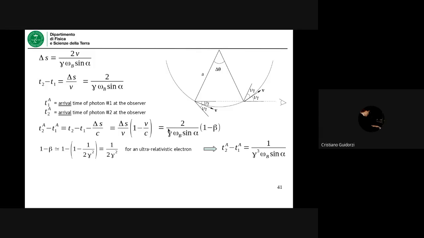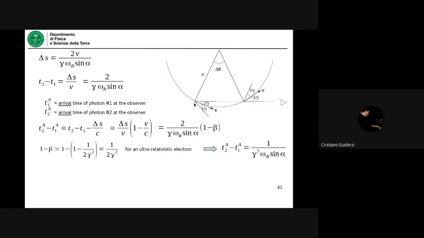So replacing into that, you see that the arrival time interval is hugely diminished by a factor of gamma squared, because here you have something of the order of 1 over gamma, and here the same thing, apart from a factor of 2, 1 over gamma squared times shorter. And this indeed, if you think from a qualitative point of view, is the case, since the electron, soon after it emitted photon 1, is traveling at a speed very close to the speed of light.